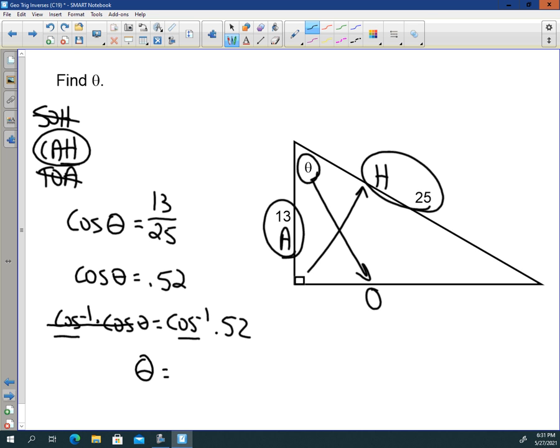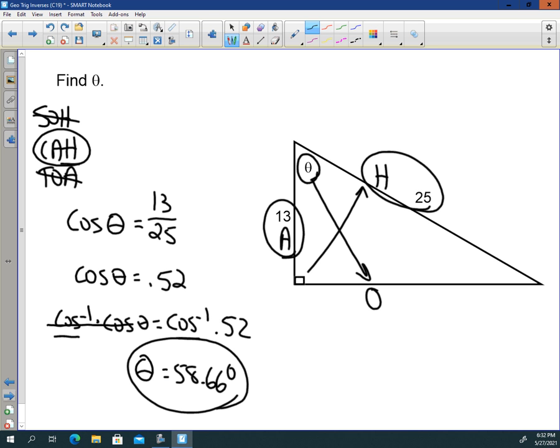And then we can push into our calculator the cos inverse of 0.52. On my calculator, I have to put in the number first, 0.52, and then second cos. And I get 58.66 degrees, which is exactly what we kind of thought when we looked it up on the table.